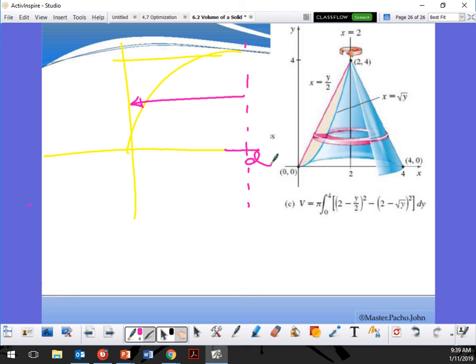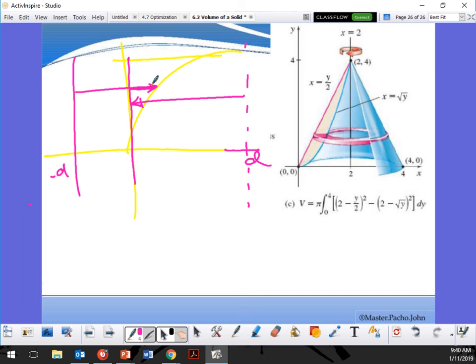D minus whatever the function is. So this number right here minus the function, because you're on this side of it. Now, if I was on the other side, so let's say I'm over here, at negative D, the function goes from right here to right here.